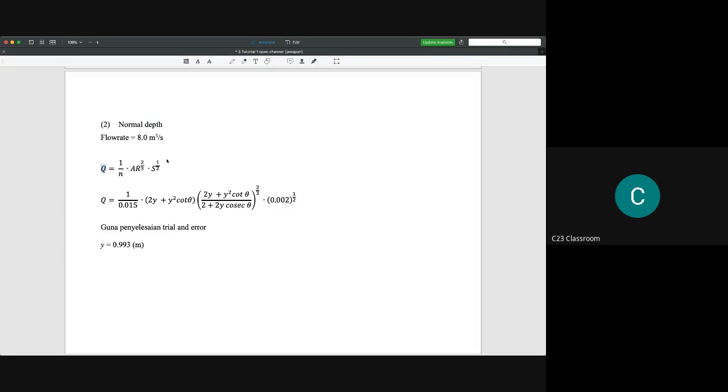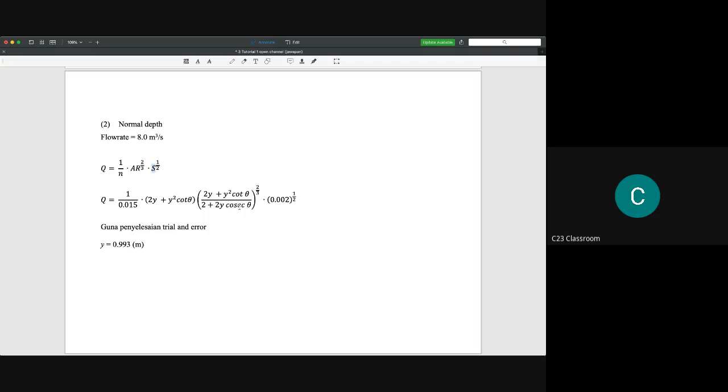So we expand the symbol A, the equation for the cross-sectional area, and also the hydraulic radius. Then we substitute the value of the slope, given as 1 to 500, meaning 1 meter reduction for 500 meters length. So it is okay to just use 0.002 square root.